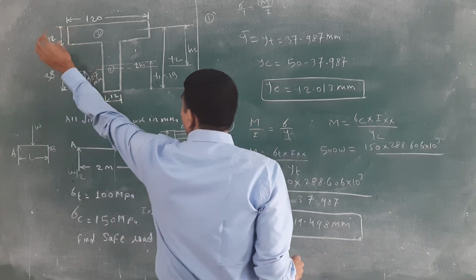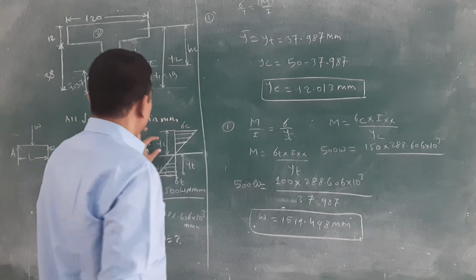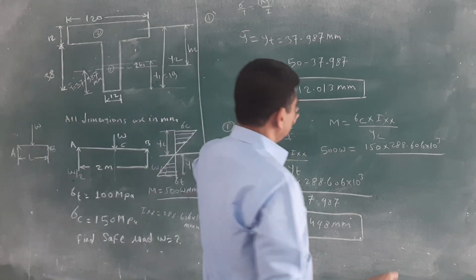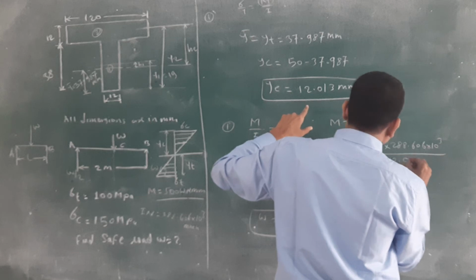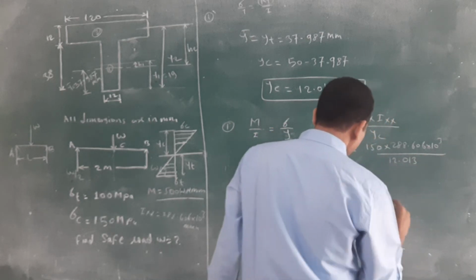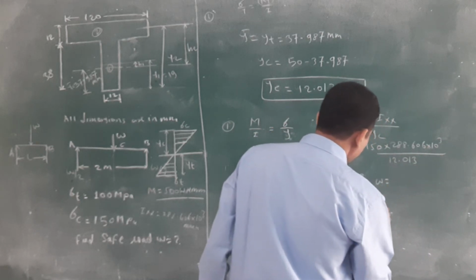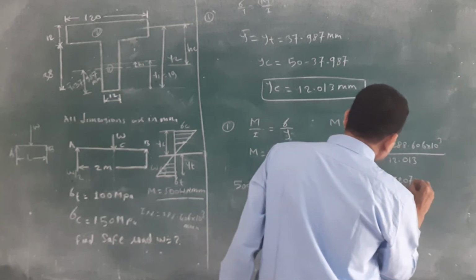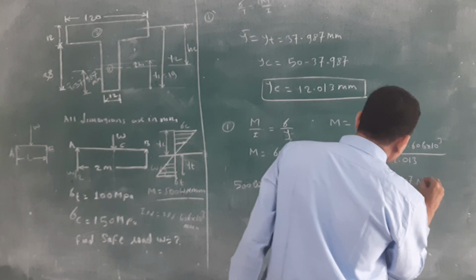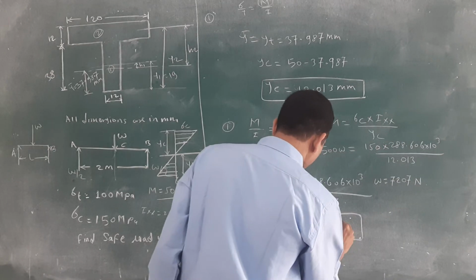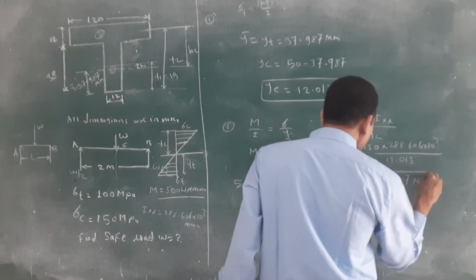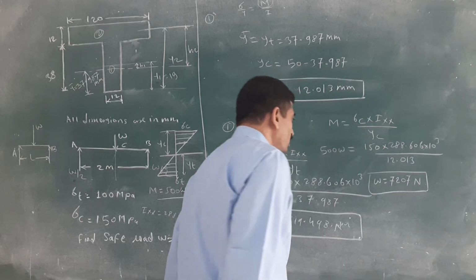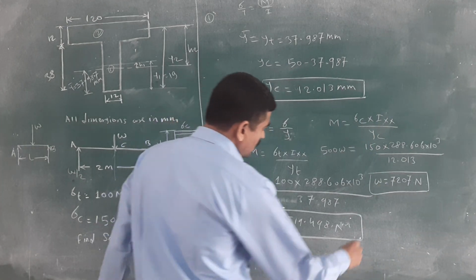What is the value of Yc in compression? We have calculated this, 12.013. Then W is equal to 7207. This is in Newton, not mm. The load is given in Newton. Check these two values.